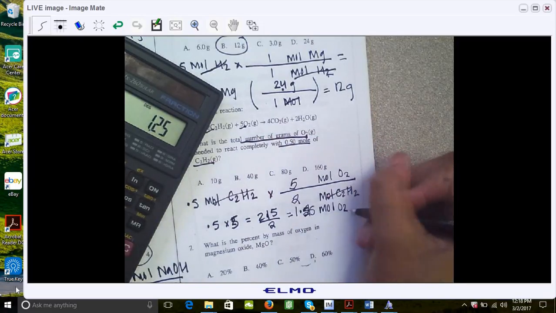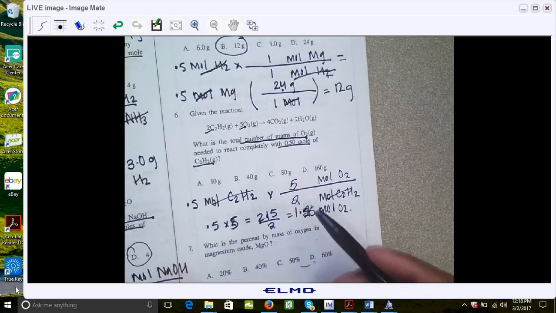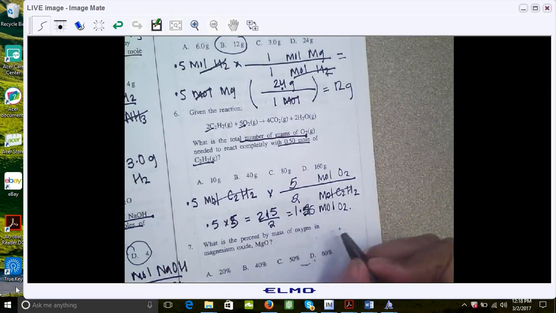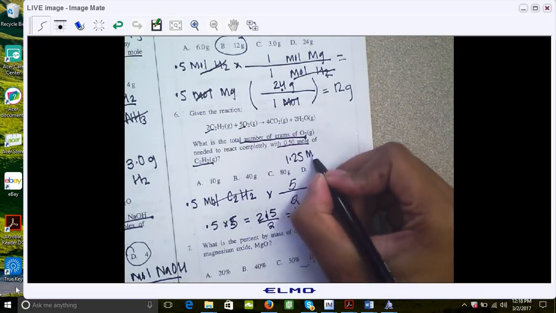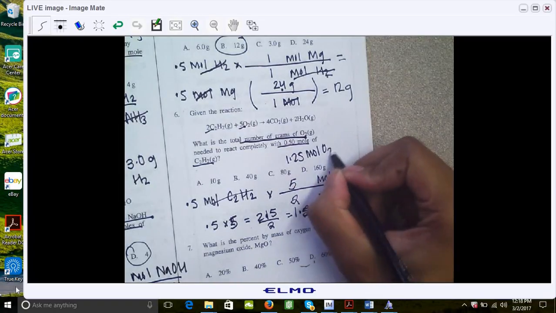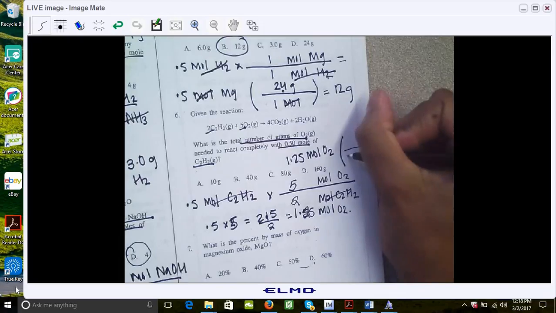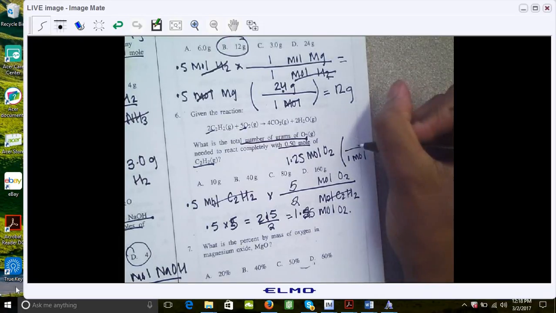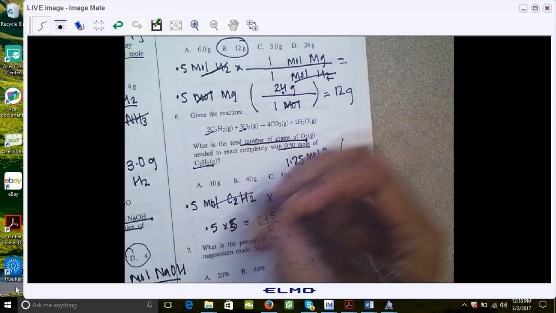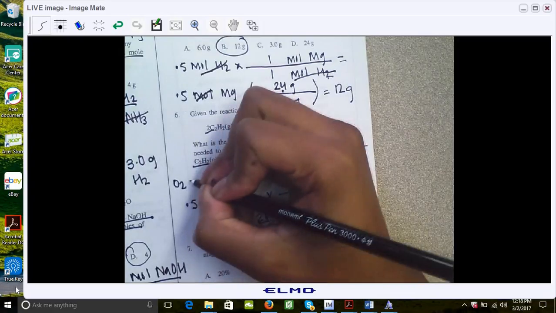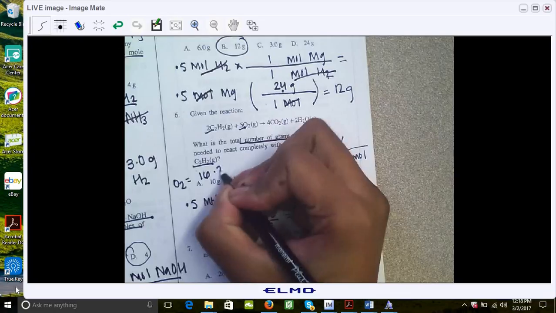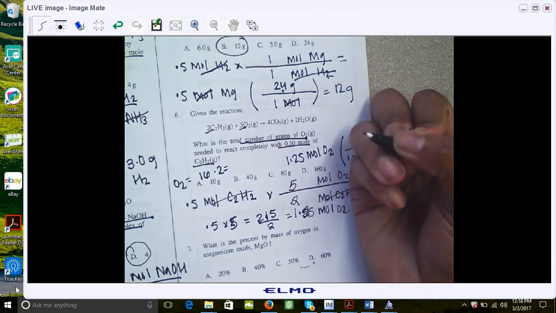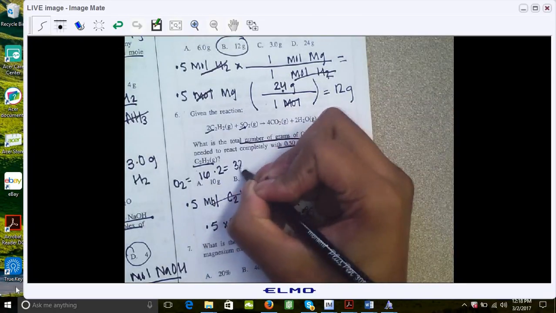Remember, once again, they asked for the grams. So I'm going to put it over here: 1.25 moles of O2, and multiply that by the mass over 1 mole. For oxygen, the mass is 16, but there are 2 of them, making that 32.